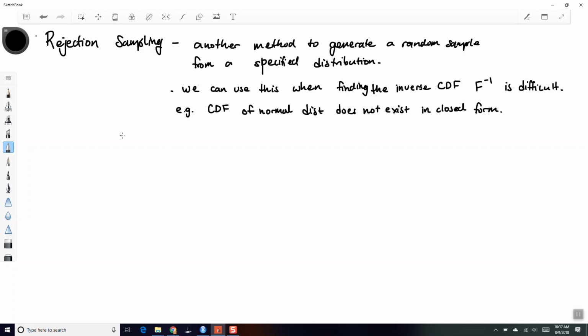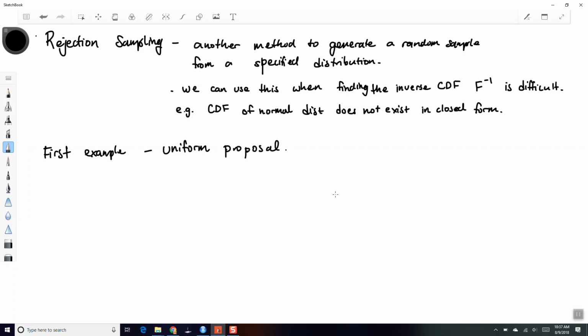Our first case will be called a uniform proposal.